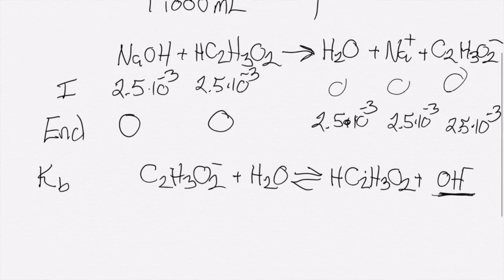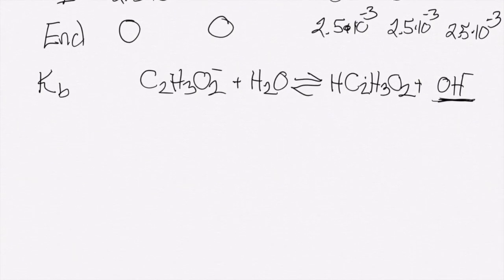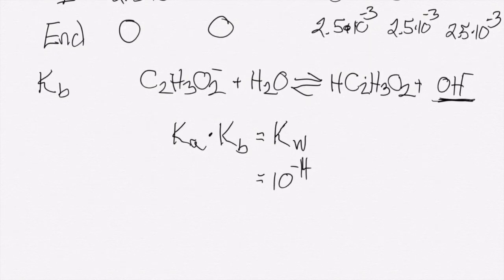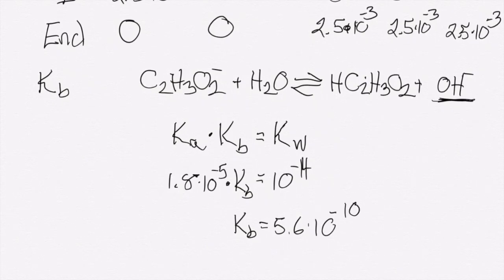Well, I didn't have the Kb value given to us in this problem. So how am I going to find it? Well, what you need to do is recall that the product of acid and base dissociation constants equals the water autoionization constant, which is 10 to the minus 14th at 25 degrees C. Ka was 1.8 times 10 to the minus 5th, which means with a little algebra, we can determine that the Kb value is 5.6 times 10 to the minus 10th.